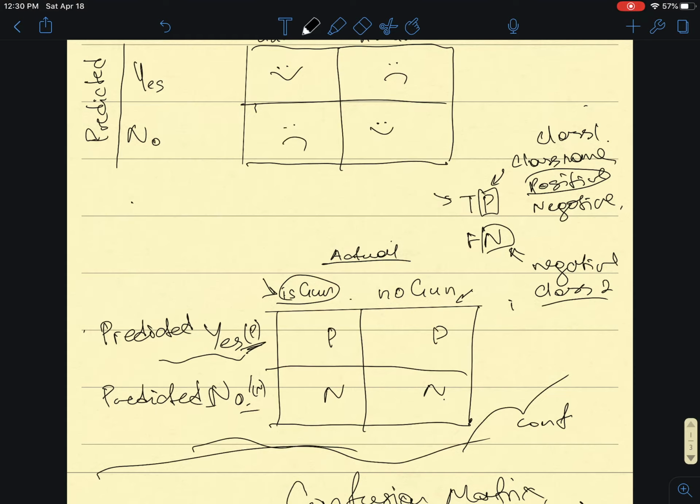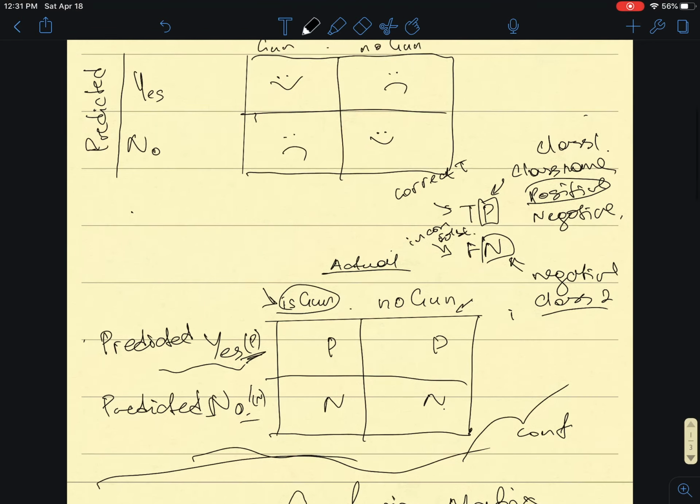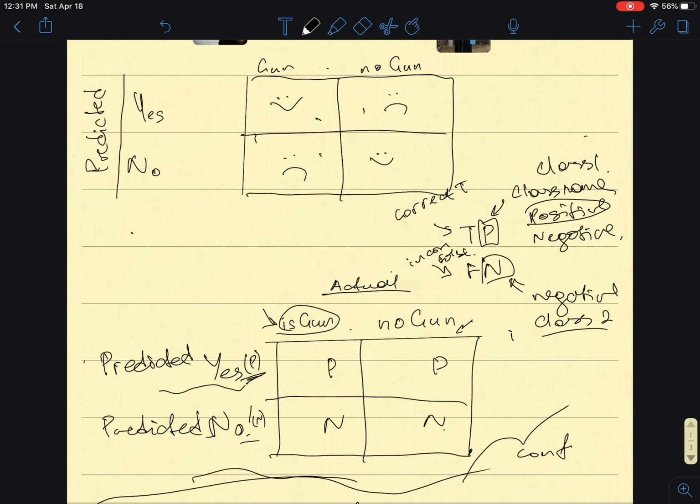If the model was correct, we say it's true, and when the model was incorrect, we say it's false. We already know whether the model was correct or not, because we filled in these happy faces and sad faces.